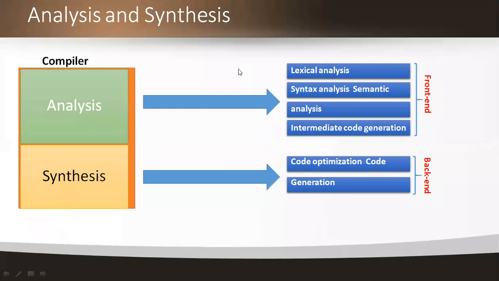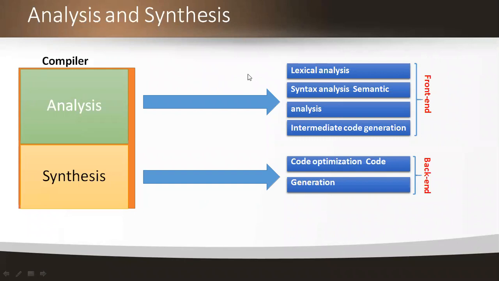The synthesis phase generates the target program with the help of the intermediate source code representation and the symbol table. When we're talking about the tasks that the analysis part performs and the synthesis part performs, in both we are representing the symbol table.